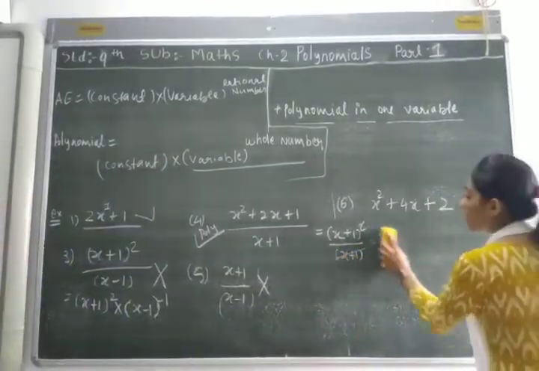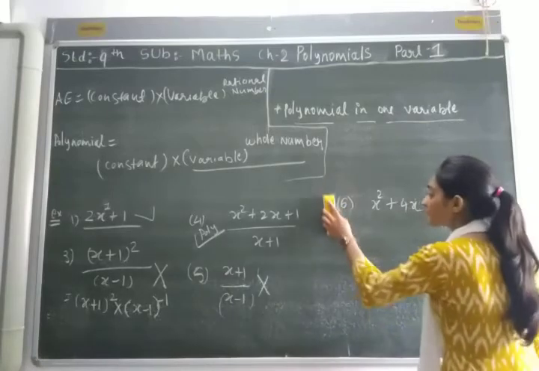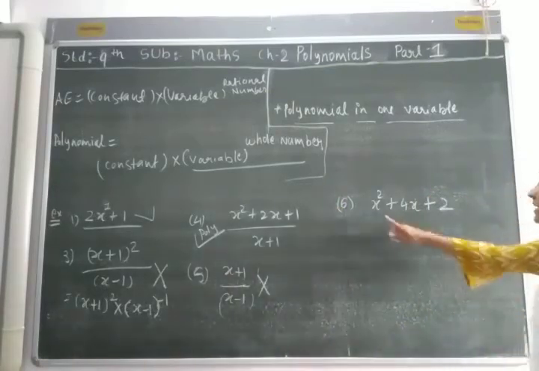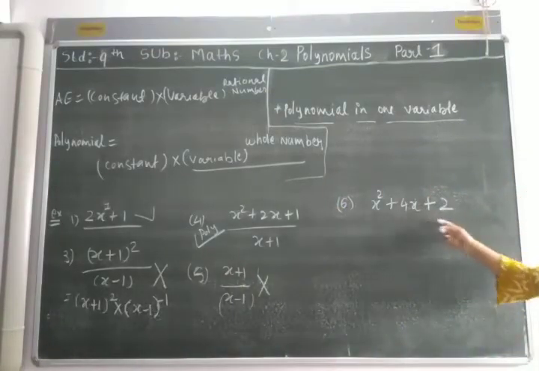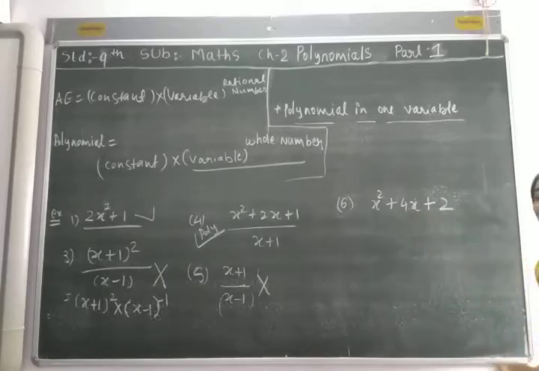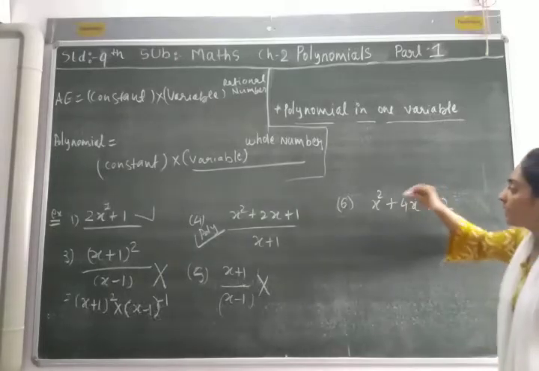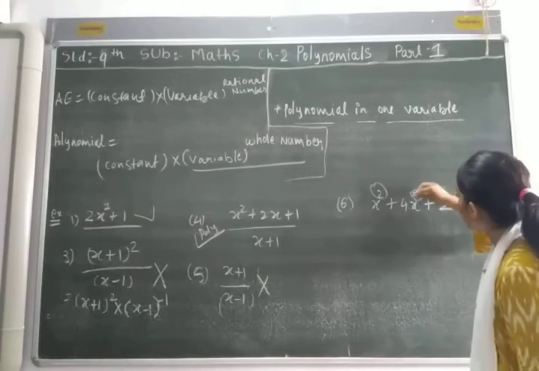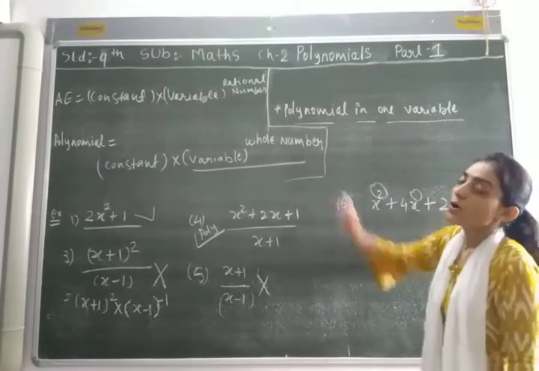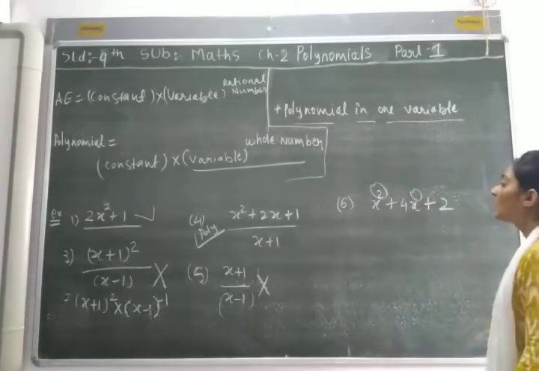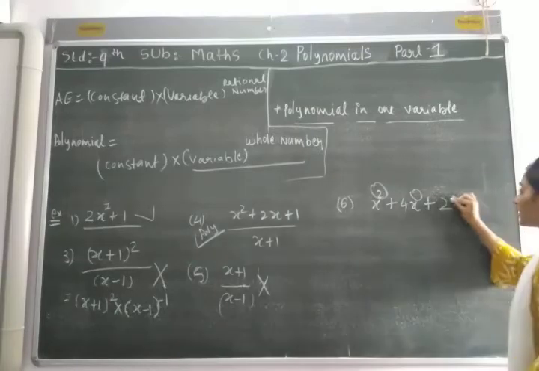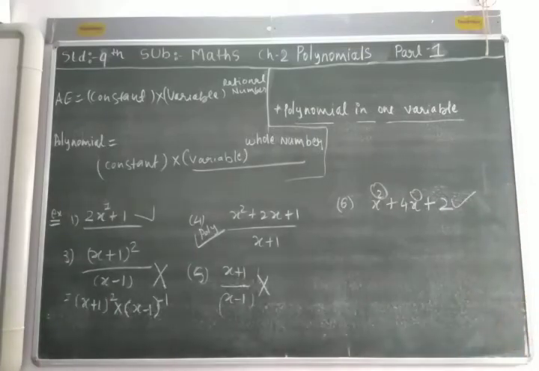Okay, now observe this example. x square plus 4x plus 2. There is nothing given in the denominator, and the powers of x are whole numbers, here 2, here 1. So this one is a polynomial.